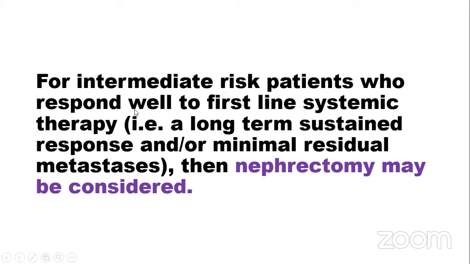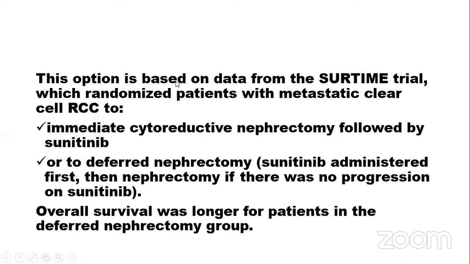For intermediate risk patients who respond well to first line systemic therapy, with long-term sustained response and minimal residual metastasis, nephrectomy may be considered. This option is based on data from the SURTIME trial, which randomized patients with metastatic clear cell RCC to immediate cytoreductive nephrectomy followed by sunitinib, or to deferred nephrectomy, with sunitinib administered first, then nephrectomy if there was no progression on sunitinib.